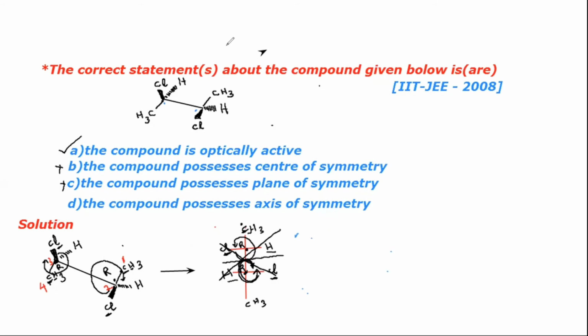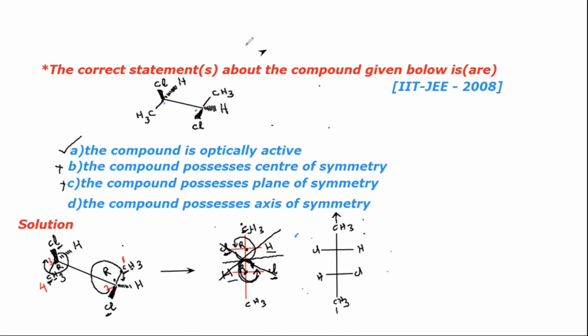Again, I'm taking the same compound to explain the procedure of checking the axis of symmetry. On the Fischer formula, the groups present are methyl, Cl, H, H, Cl, and methyl. Now take the vertical carbon chain as the rotational axis.